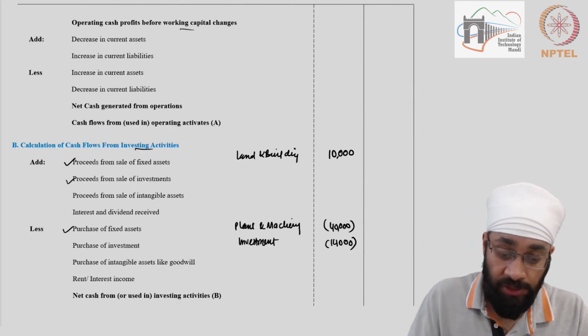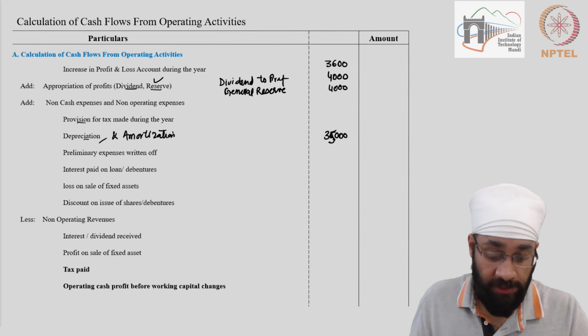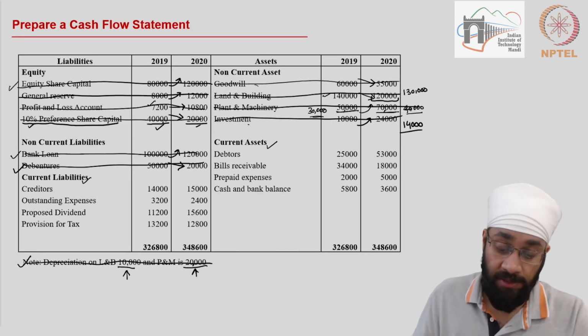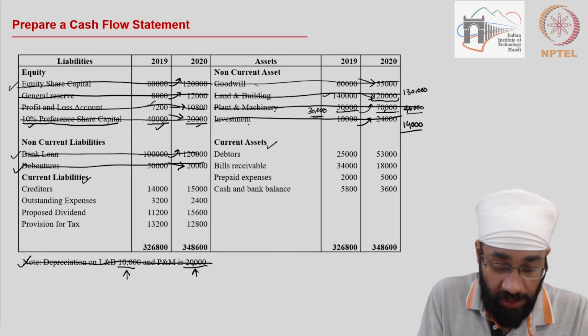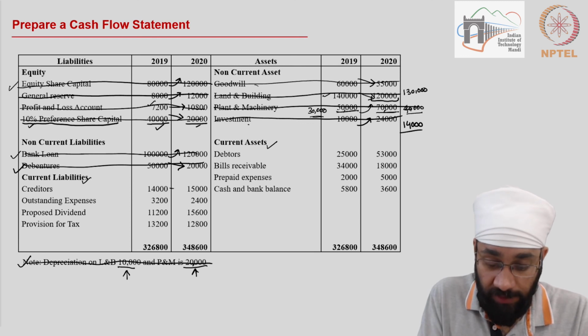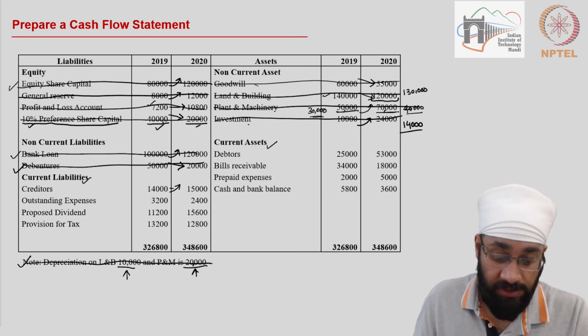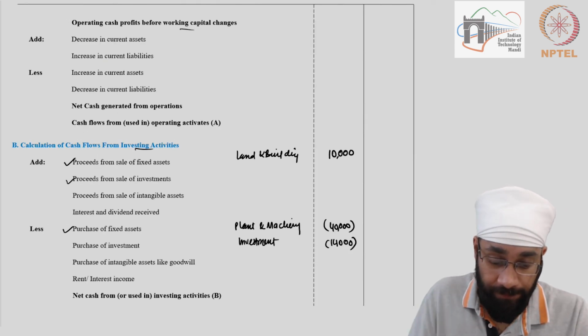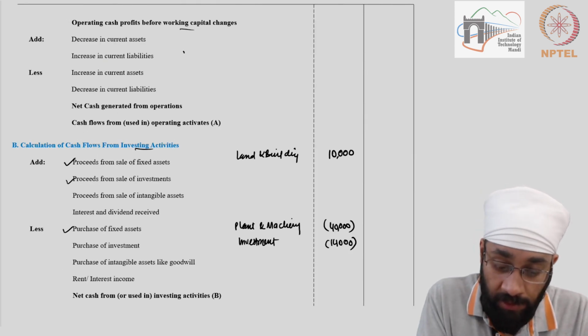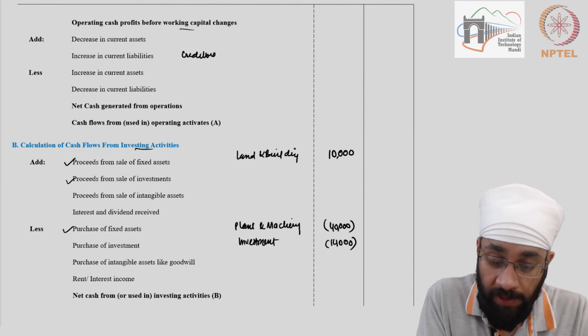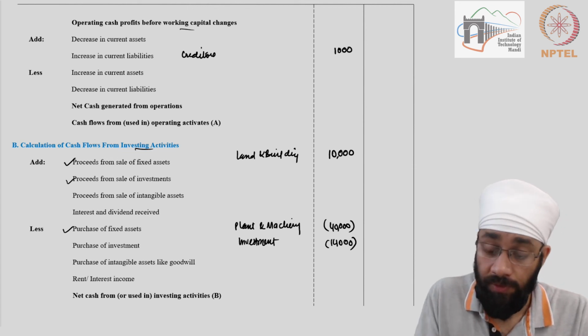So this is the section here. Let's take each of these items one by one and do the necessary treatment. So creditors are 14,000 and 15,000. So liability going up is an inflow. Increase in creditors 1,000. Increase in creditors is an inflow of 1,000.